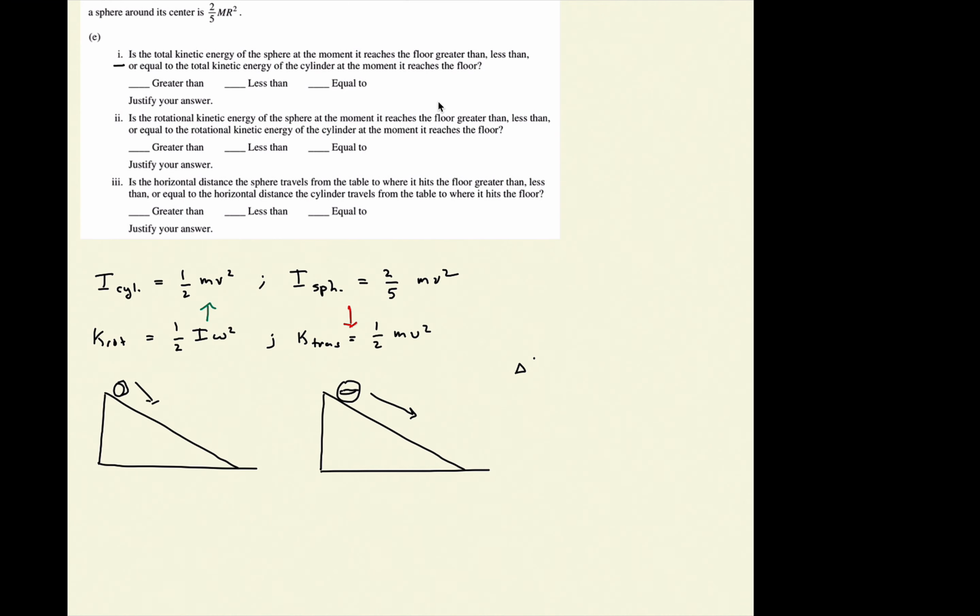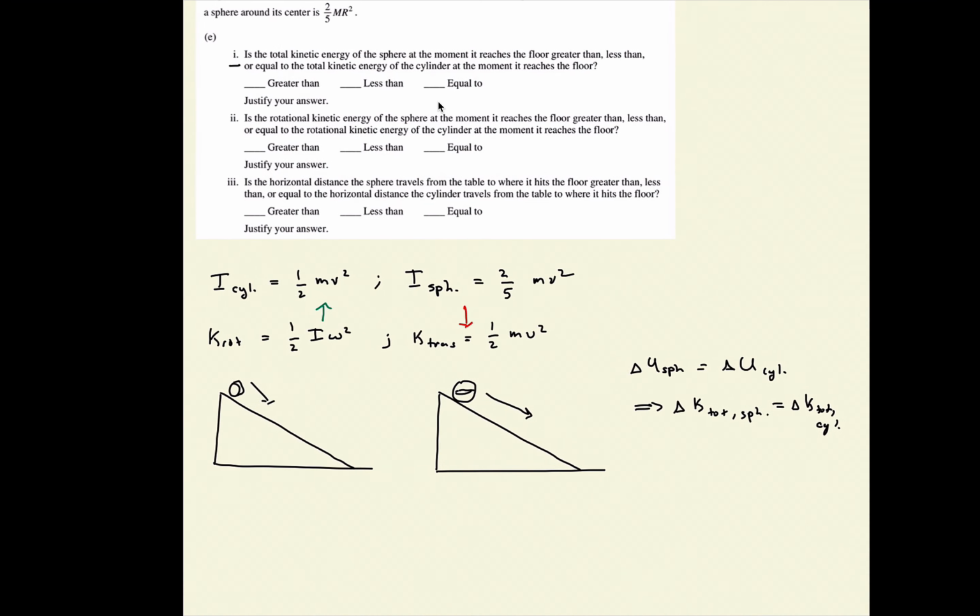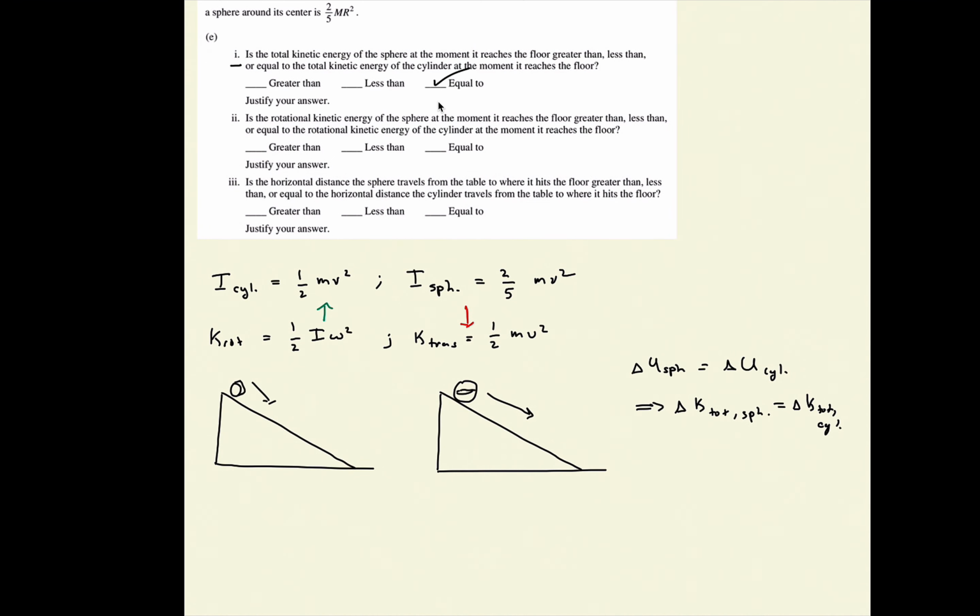So if delta U of the sphere equals delta U of the cylinder, and since they both have the same mass, that means they both have the same change in total kinetic energy. So, equal to.